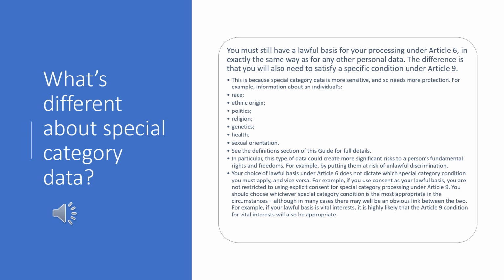You should choose whichever special category condition is the most appropriate in the circumstances, although in many cases there may well be an obvious link between the two. For example, if your lawful basis is vital interest, it is highly likely that the Article 9 condition for vital interest will also be appropriate.